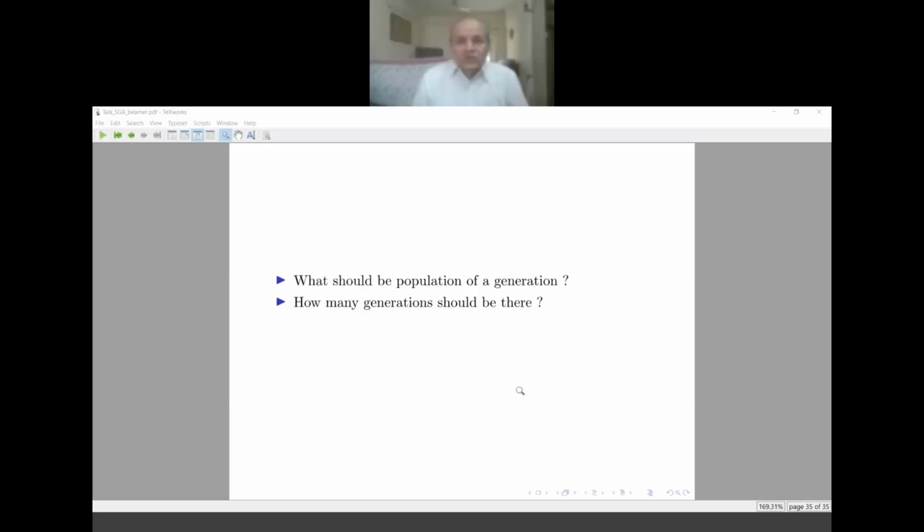See, if you read different books, they will recommend the probability of crossover can be above 0.9. Somebody will say above 0.8. So you will get confused by different recommendations. But if you apply any recommendation which is sound in nature, please note I am using a very fuzzy word. Of course, you can't say that the mutation will happen 100% of the time. If that is the case, the genetic algorithm will go wrong.